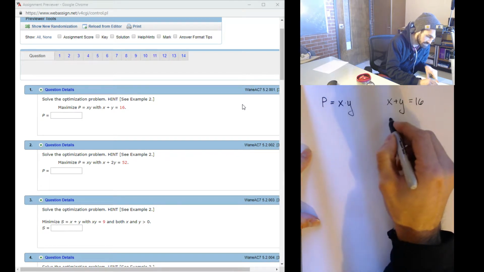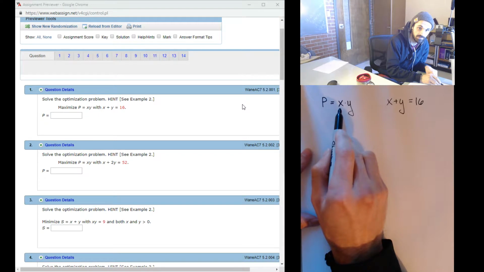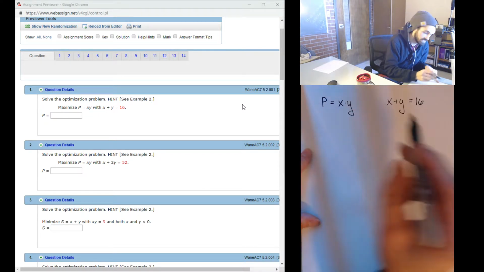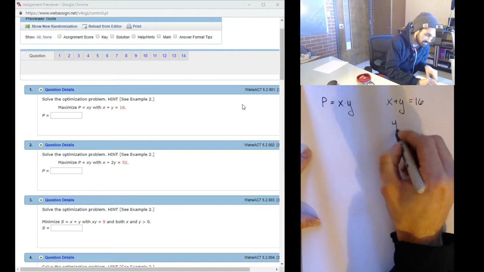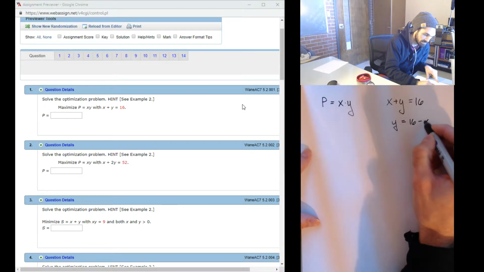So from this relationship I see that really I'd like to have P only in terms of x, so I want to replace y as something in terms of x. Well, that something comes from this equation that says y is 16, subtract off x.